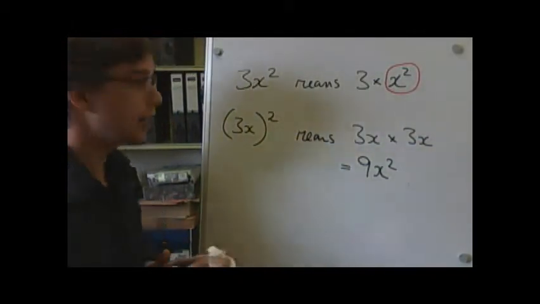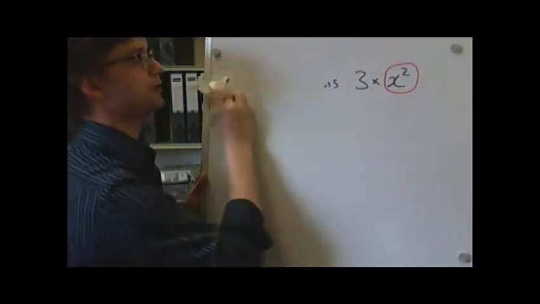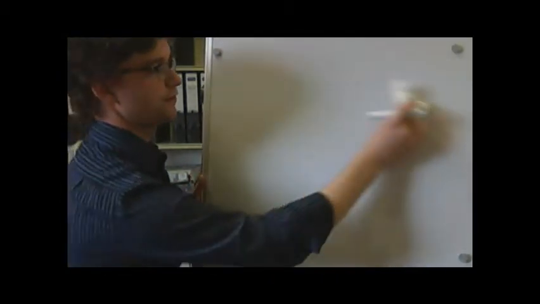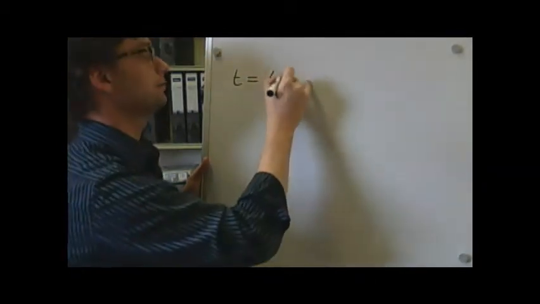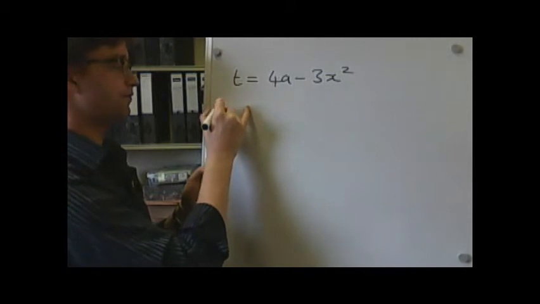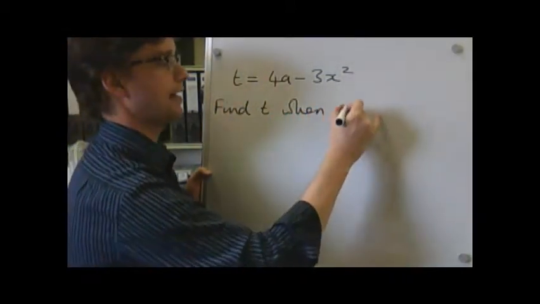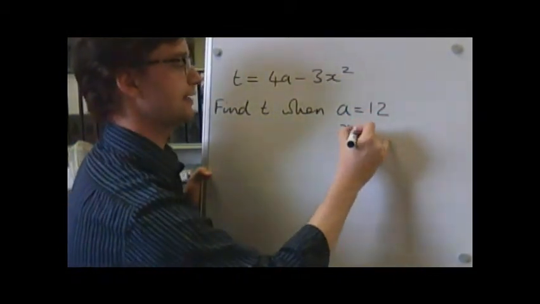The last thing to say in this little video is that if you've got an algebraic expression and you're given values for the variables or constants in that expression, you can evaluate it. So if we're told that t equals 4a minus 3x squared, we can find t when a equals 12 and x equals 2.